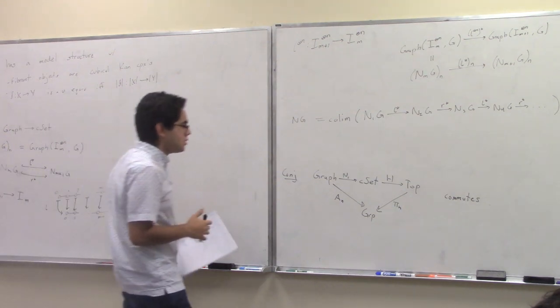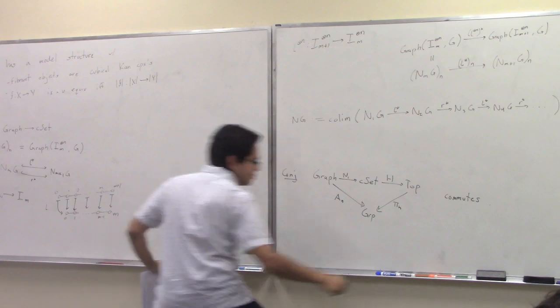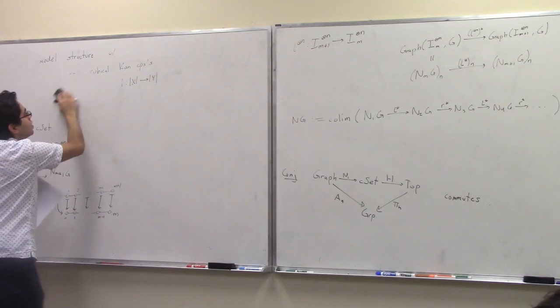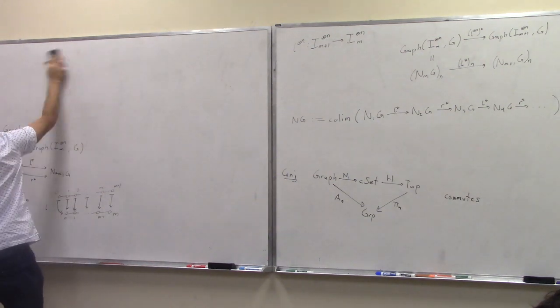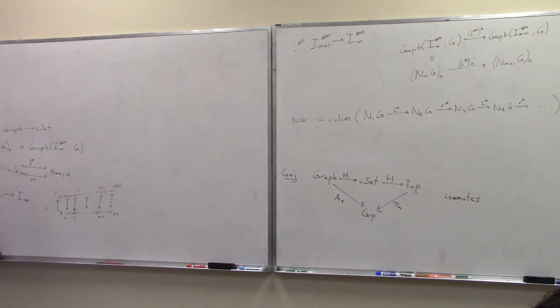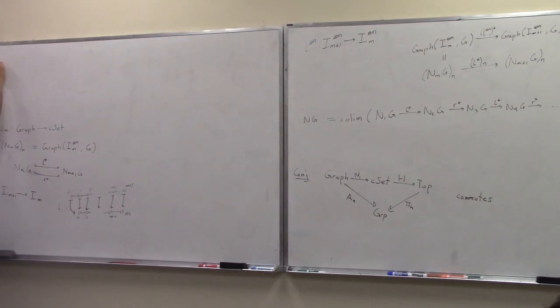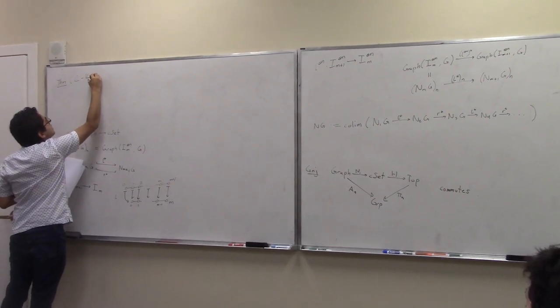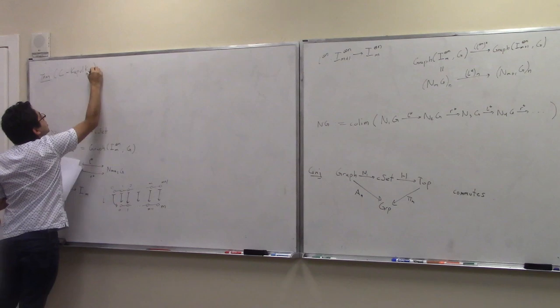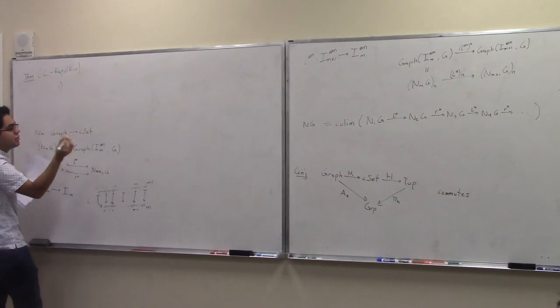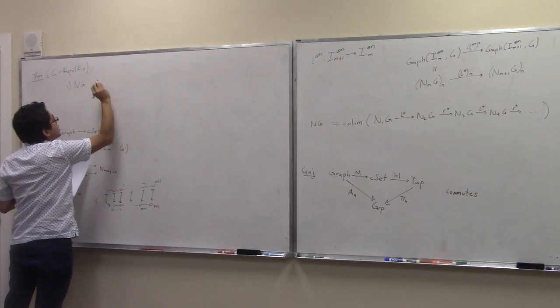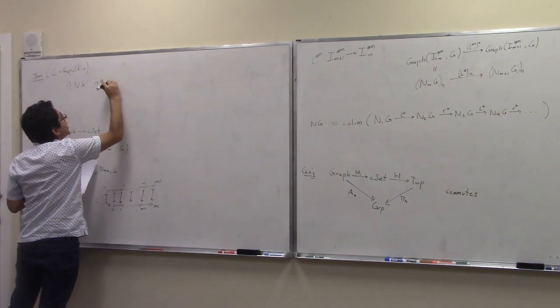Okay. So now what you can show is that for any graph G, this colimit cubical set, which I call the nerve of G, is a Kan complex.